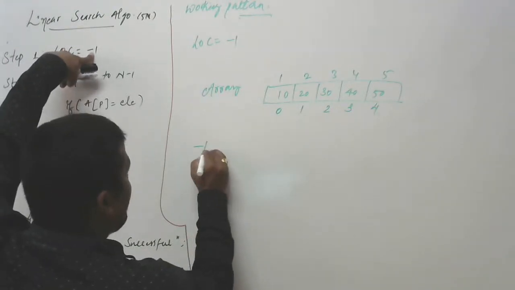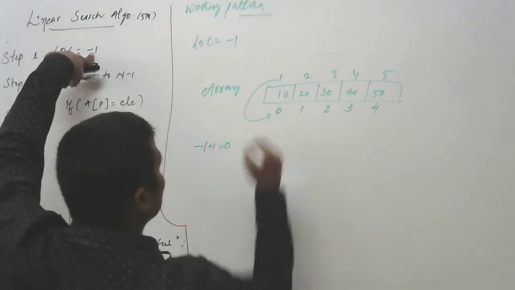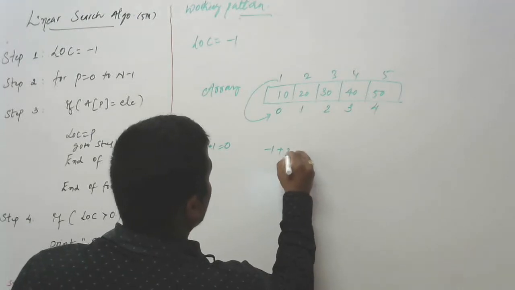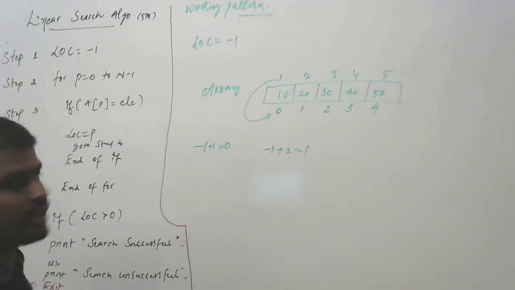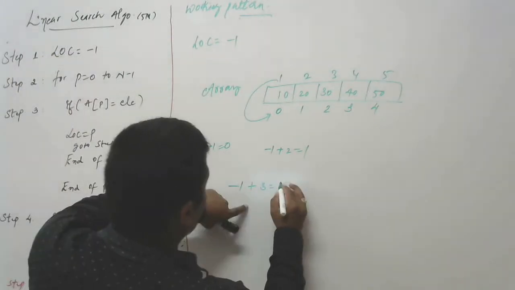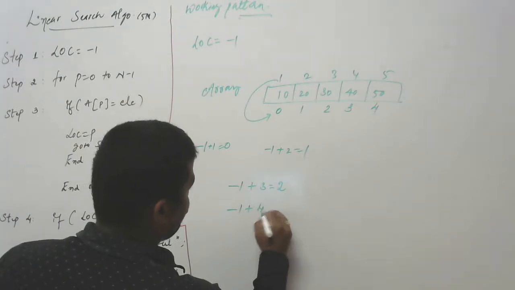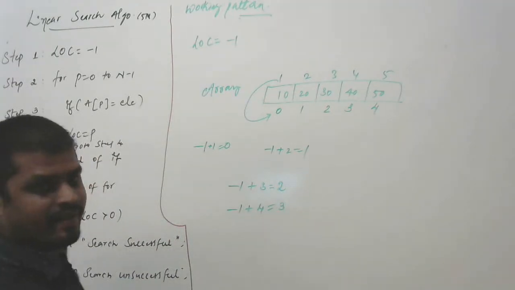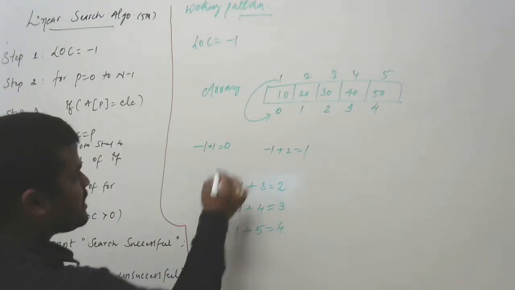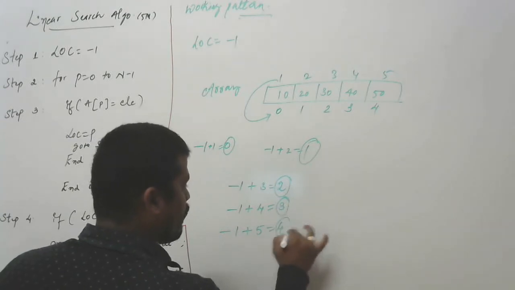Location equals to -1. So -1 plus 1 becomes 0. When the compiler comes here, -1 plus 2 becomes 1. -1 plus 3 becomes 2. -1 plus 4 becomes 3. -1 plus 5 becomes 4. Array executions are 0, 1, 2, 3, 4.